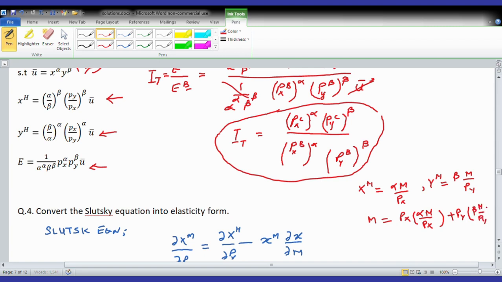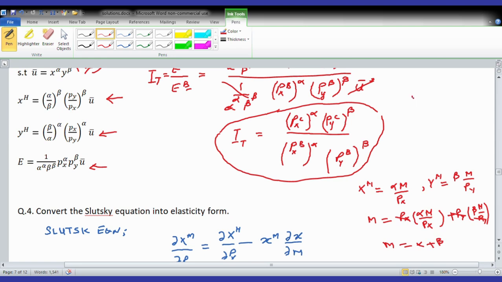So if you do this, px gets cancelled and py gets cancelled, and you get m equal to alpha plus beta. What is alpha and what is beta?